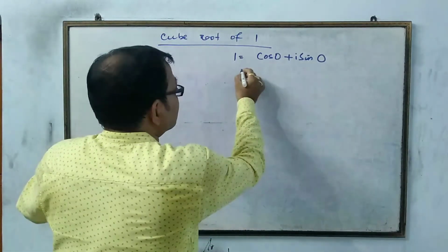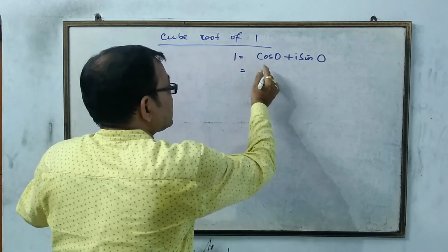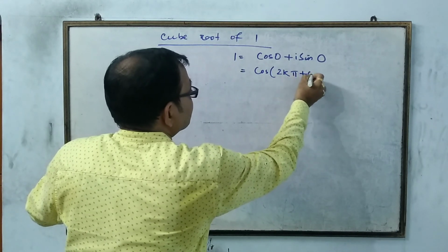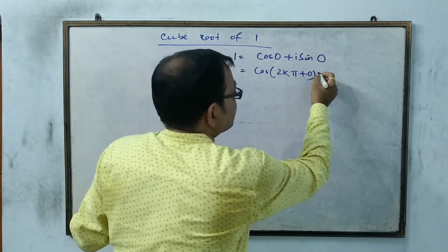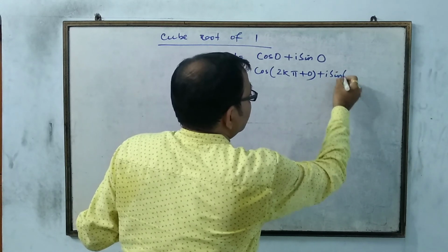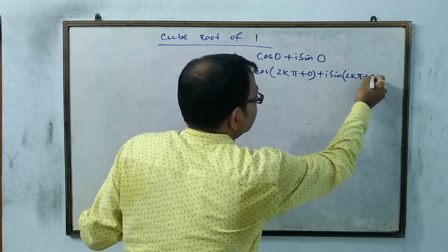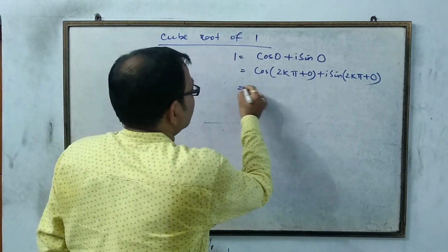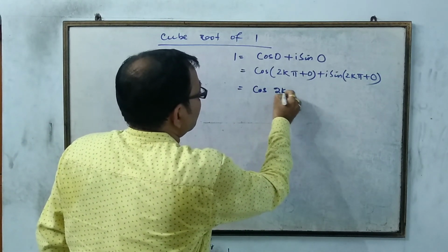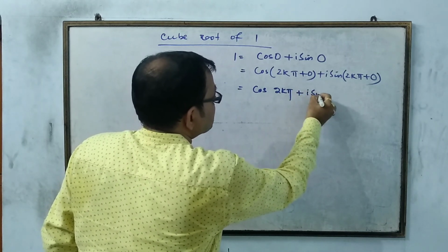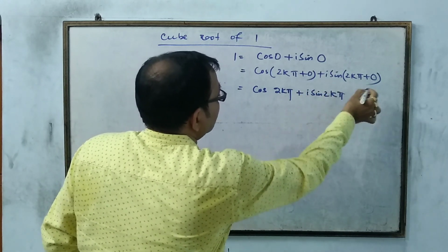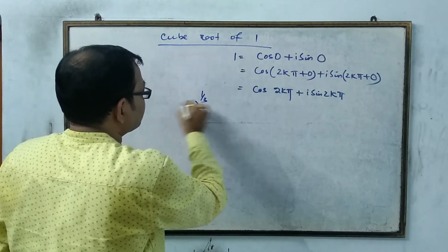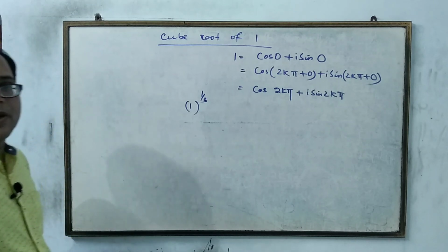Already I have said that cos theta can be written as cos of 2k pi plus theta and sin theta as sin of 2k pi plus theta. So the answer is cos of 2k pi plus i sin 2k pi. Our question is to find the cube root of unity, 1 to the power of 1 by 3.